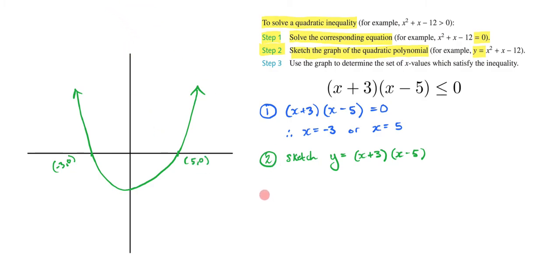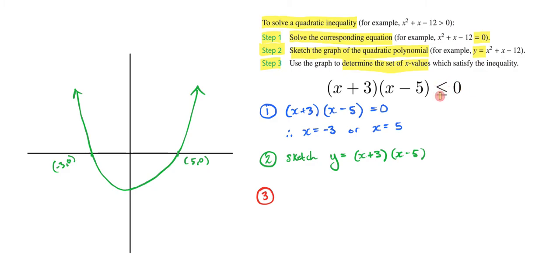My next step, step number 3, is to use the graph to determine the set of x values which satisfy the inequality. So I look at my inequality, which is (x plus 3)(x minus 5) less than 0.